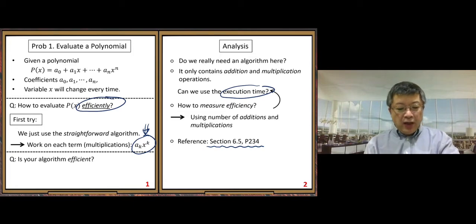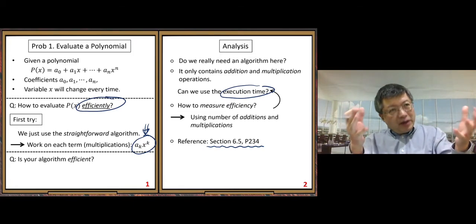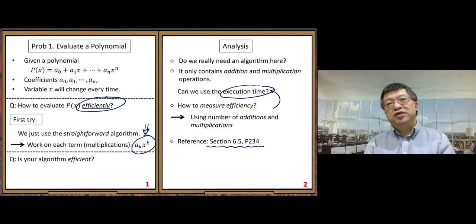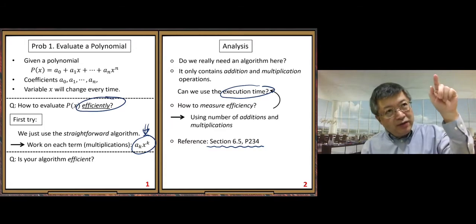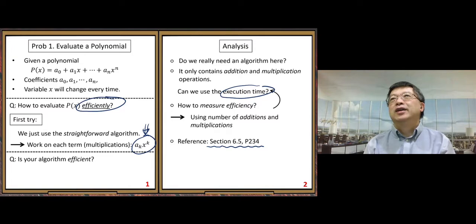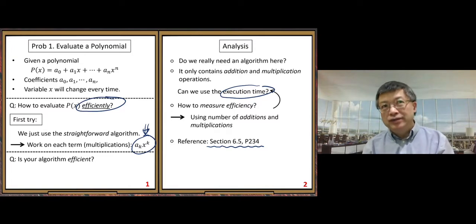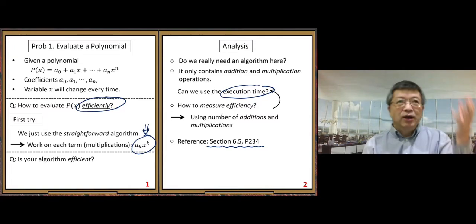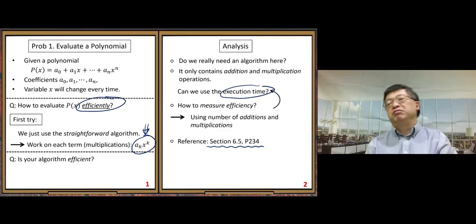With our current evaluation, everyone can do it. So the question is, is that one efficient? Is that a good solution? So we need to ask this question.